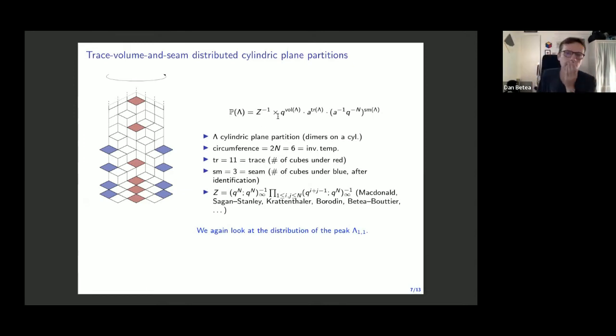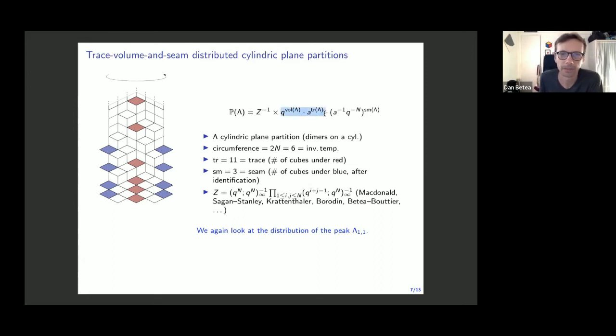And let me tell you the distribution that people want to study in cylindrical geometry. Well, you'd want to study q to the volume. But as you saw, it's interesting if you actually keep track of the trace as well, and perhaps of other things, but it's certainly interesting if you keep track of the trace.